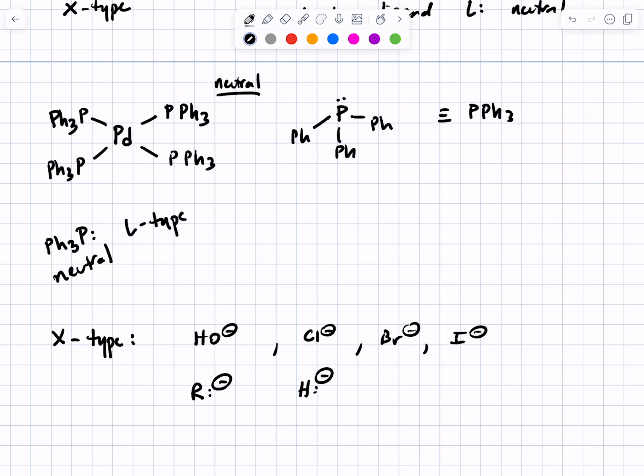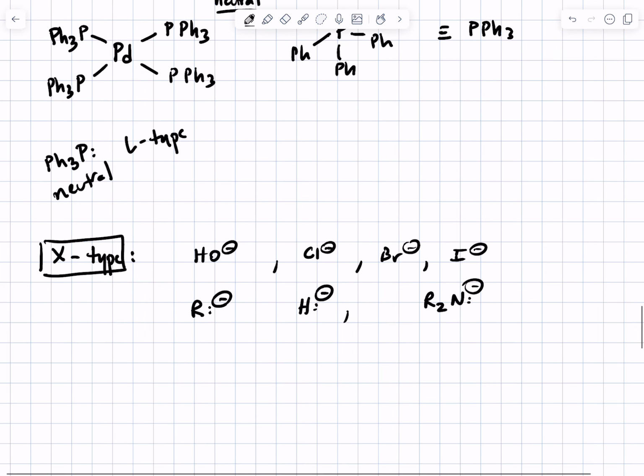Anything you can think of that might be negatively charged, okay? Negatively charged nitrogens can sometimes be ligands on metals or can be X-type ligands, okay? And again, we're thinking about what the charge would be if the ligand picked up and left with the electrons that are in the metal-ligand bond.